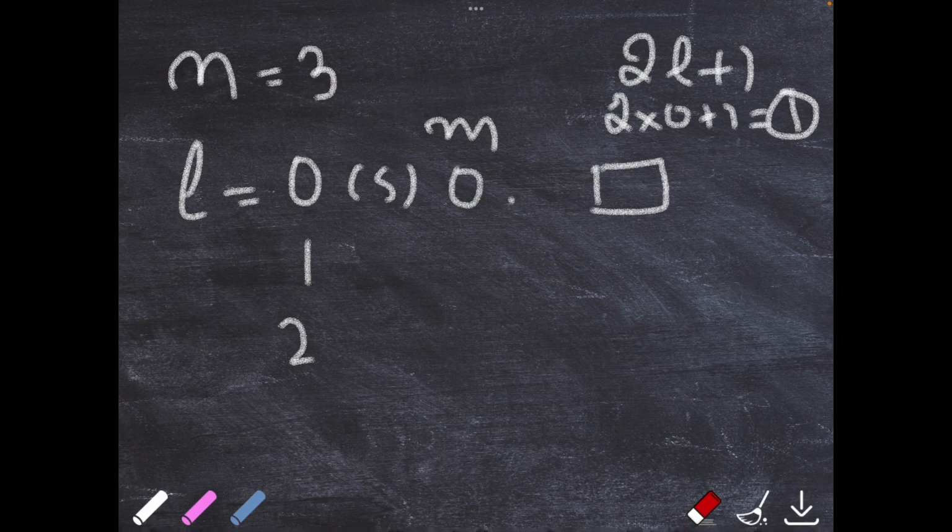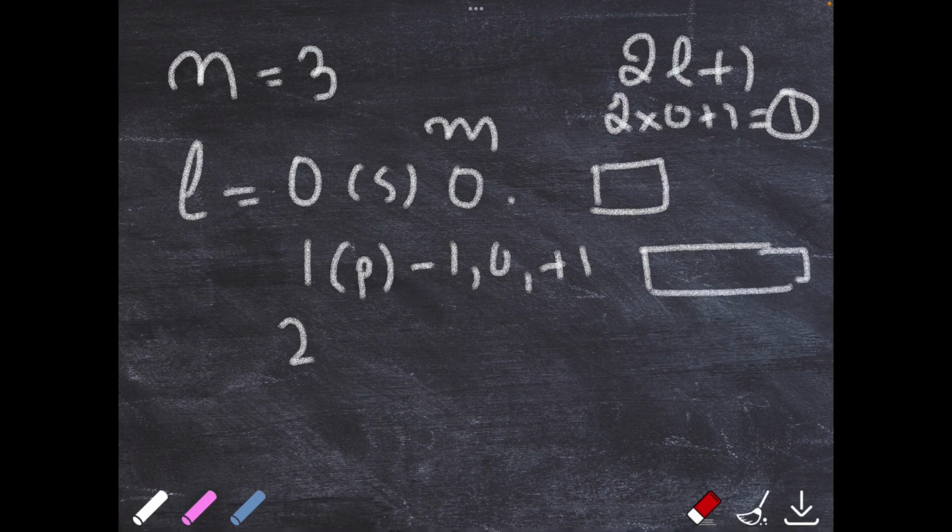Then L is equal to 1, that means m will have minus 1, 0 and plus 1. This is p subshell. That means p subshell will have 3 orbitals: minus 1, 0 and plus 1. Another thing to be noted here is, as I said, total values of m will be equal to twice L plus 1.